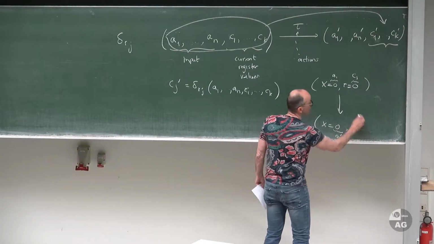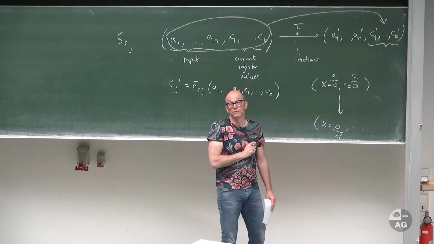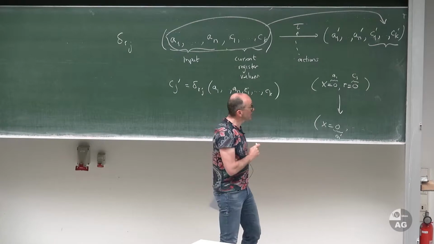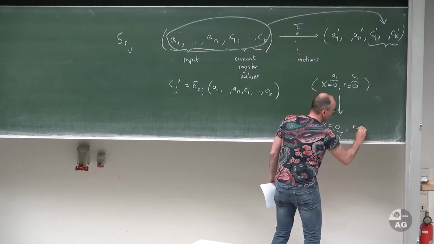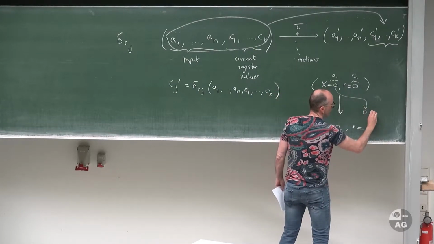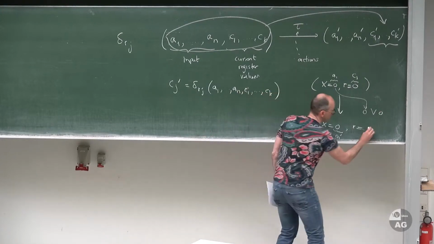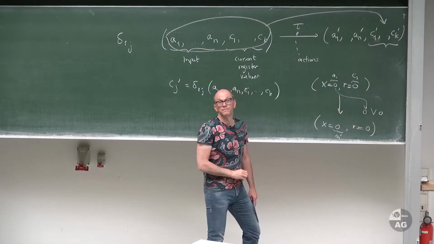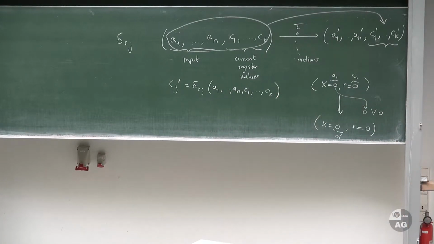This value of the register depends on those two values, not on the new input. So in this case, r equals the OR of this value, so 0 or 0, and that is 0. So that explains the self loop in this state.